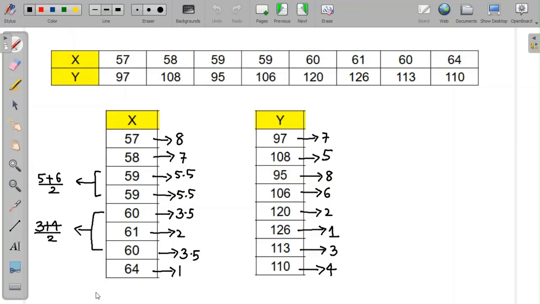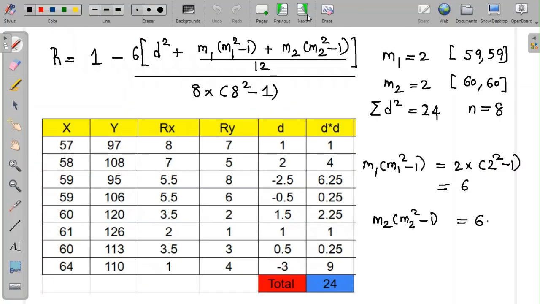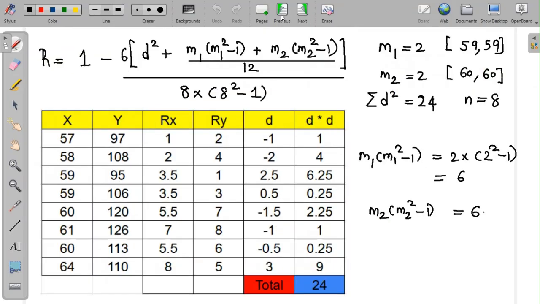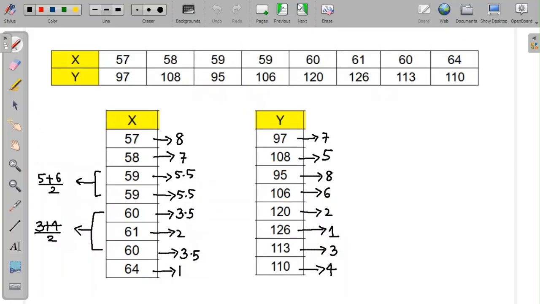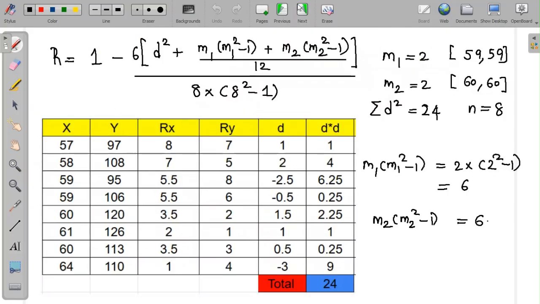This gives us the ranks 1 through 8. We draw the table, we assign the ranks, we calculate the differences, we square the differences, and we see that the same total is obtained for the sum of the squares of D. The 24 that we obtained while choosing the ascending order is also obtained when we choose the opposite, descending order.